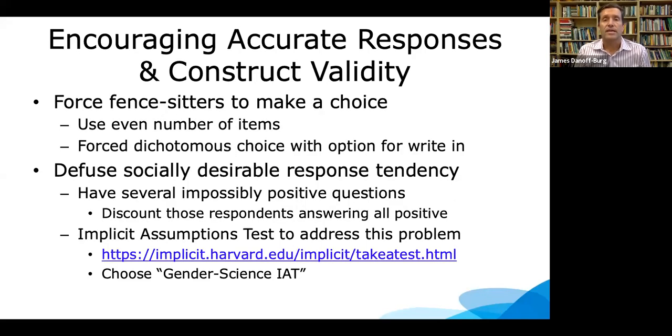All right, a couple other things. I often like to force people who like to answer neutral to things into making a choice. People who answer neutral to things are called fence sitters. So they'll say, neutral. They don't really want to read the question that closely.